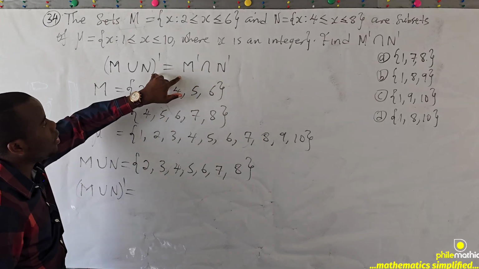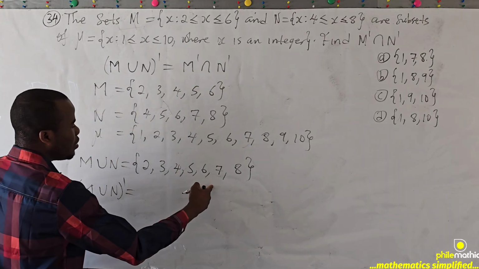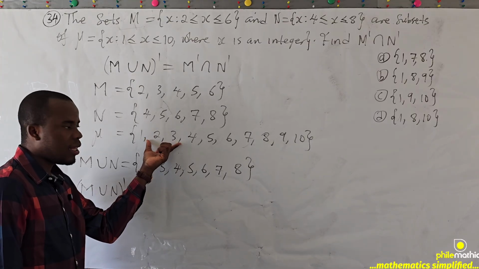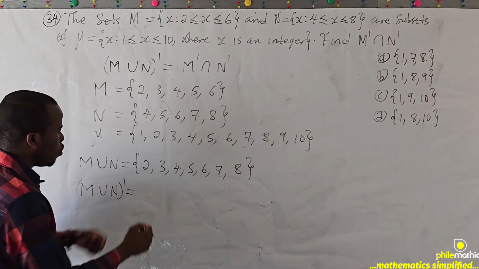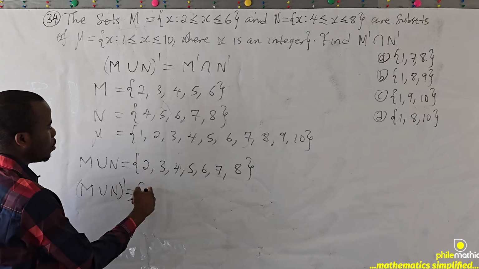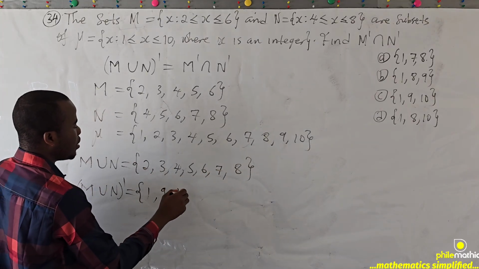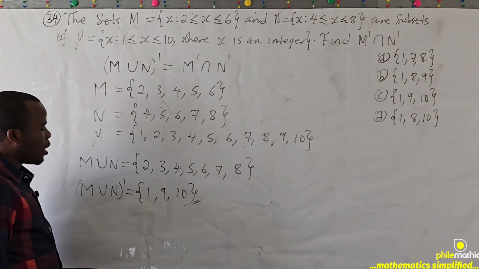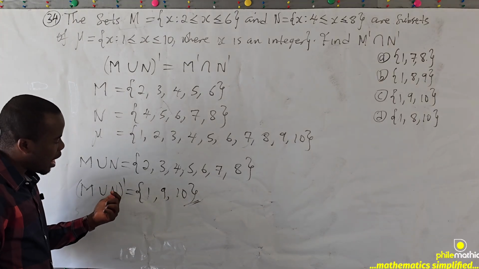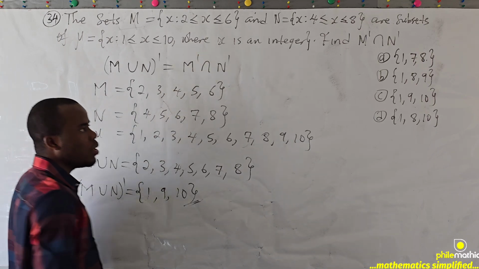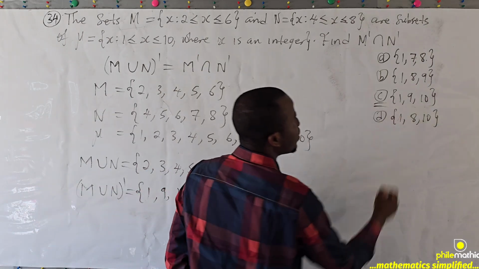You have to know this identity. And so the complement of this is simply those numbers you can see here that are not here. So it will be 1, 9, and 10. So these are the collection of M union N prime, which is the same as M prime intersection N prime. And the answer is C.